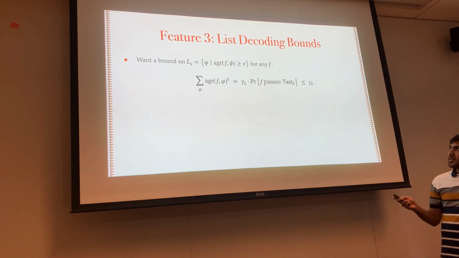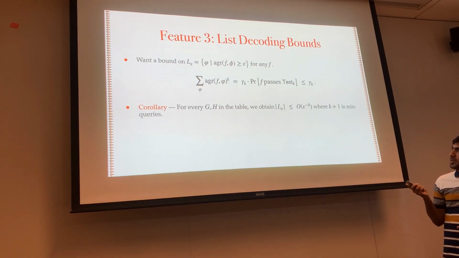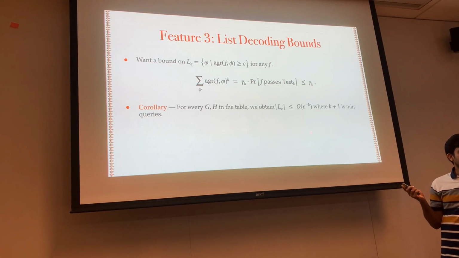Notice that our technique is actually bounding the kth moment, right? So using that you can get a trivial upper bound. For anything for which we have a test using this kind of framework, you also have a list decoding bound, which is 1 over epsilon to the k, where k plus 1 is the minimum number of queries of the test that you have, because that's the smallest k for which you could prove a constant bound on gamma.